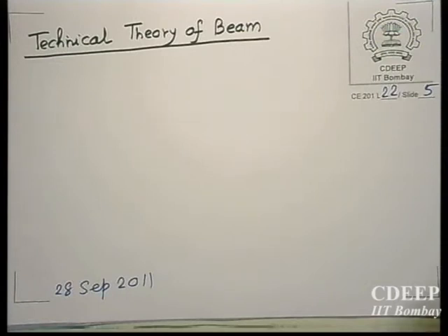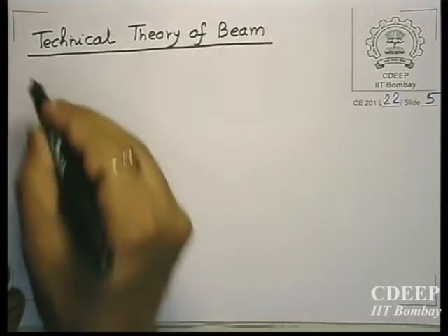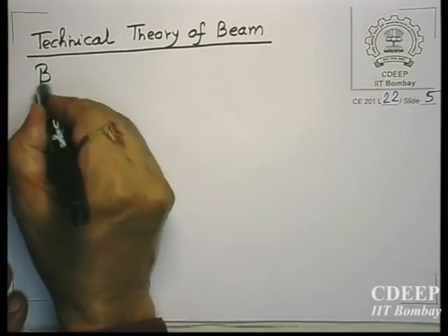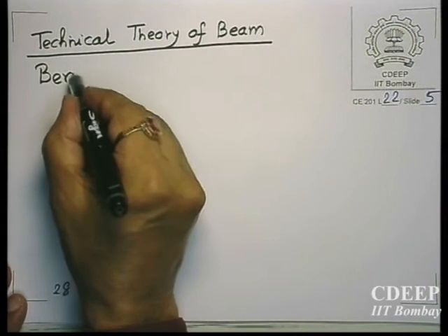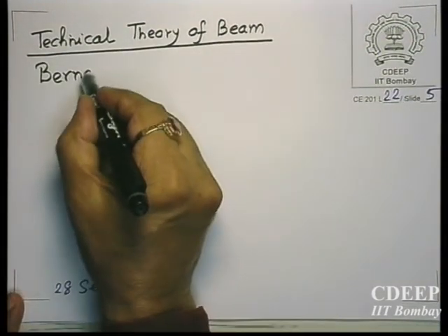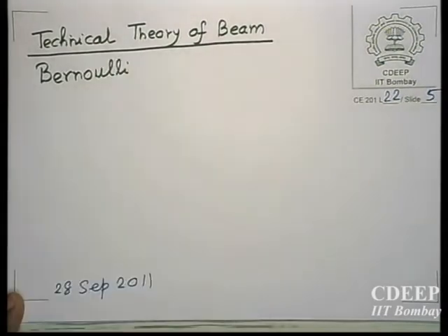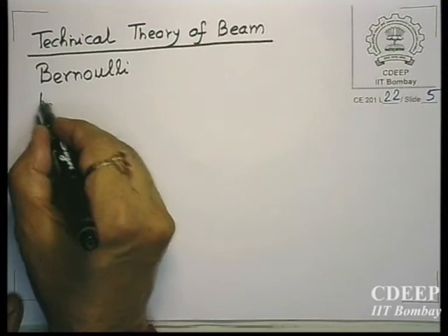Two names are important, and one name is Bernoulli. As a student you must know Bernoulli. There are a number of Bernoullis, I think they must be from the same family. Bernoulli and Euler.